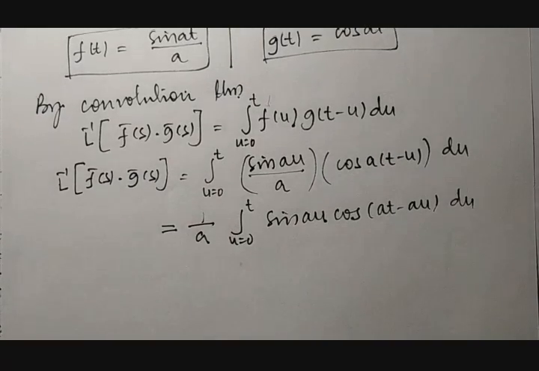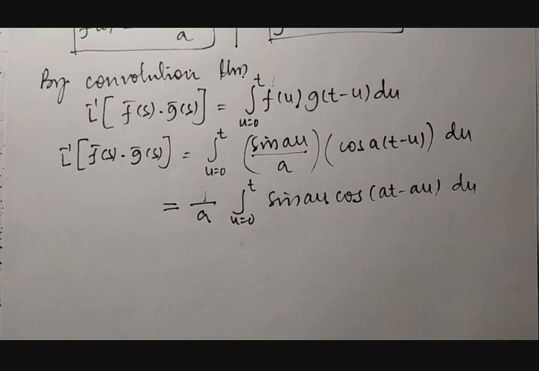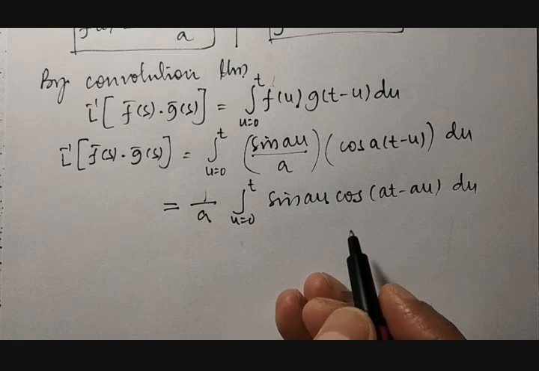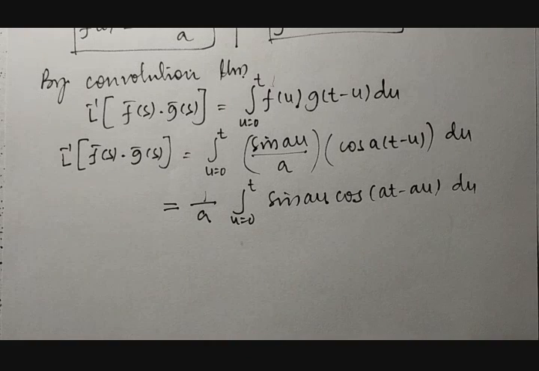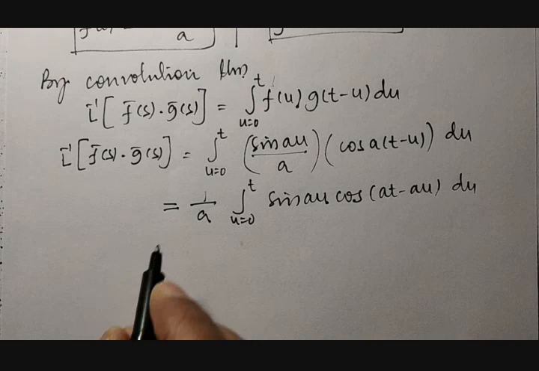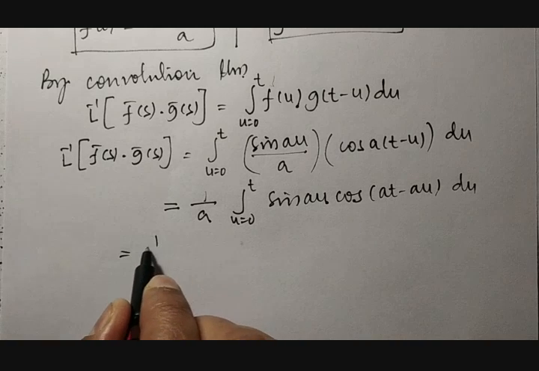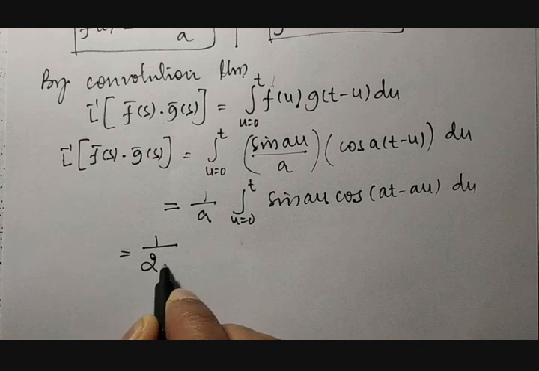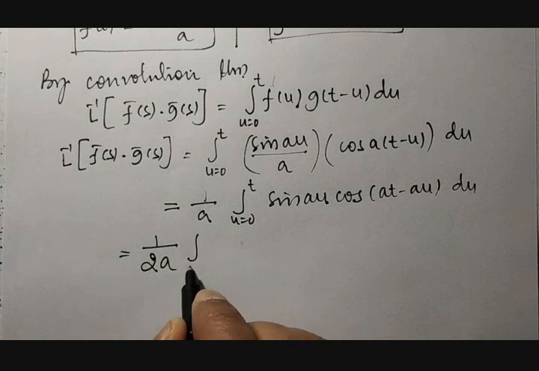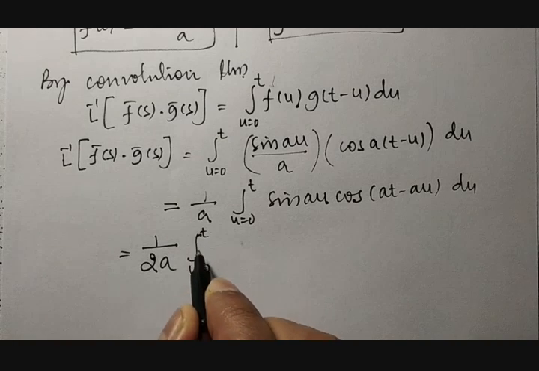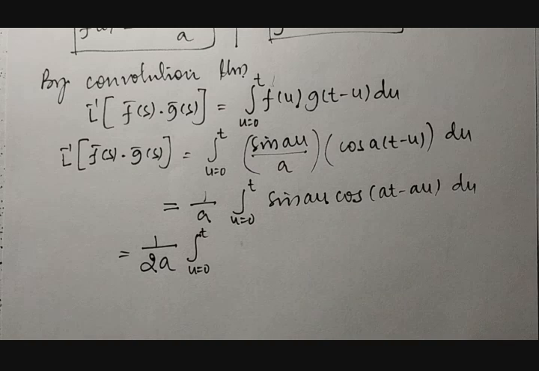Therefore, in this case, it is a product of two trigonometric terms which cannot be solved directly. So what to do? Let us use a trigonometric property. As per that property, 1 divided by 2 times, already a is there, integration from u equal to 0 to t as it is. It is like sine A cos B. What is the sine A cos B result?